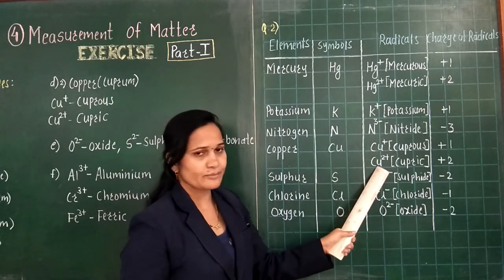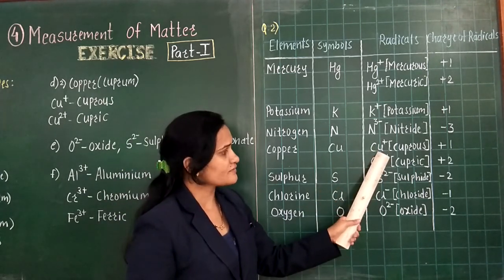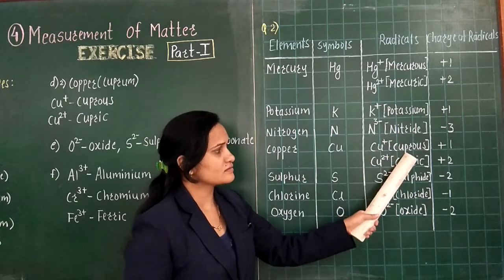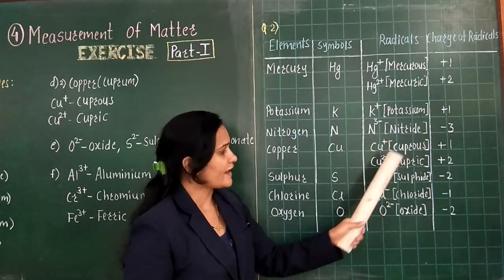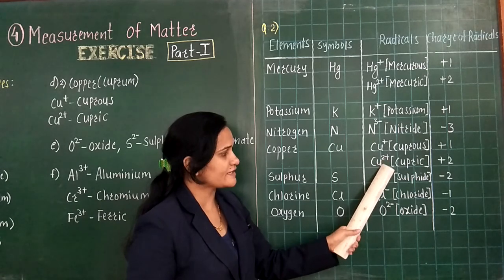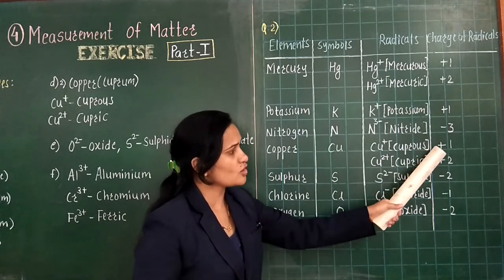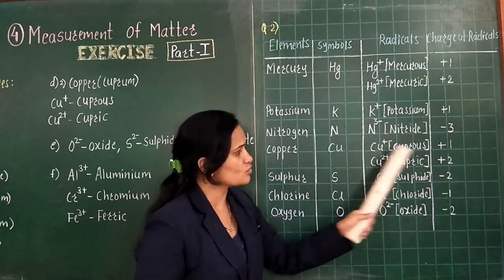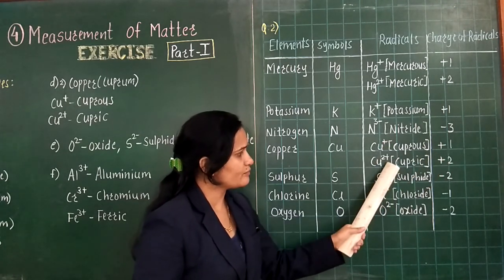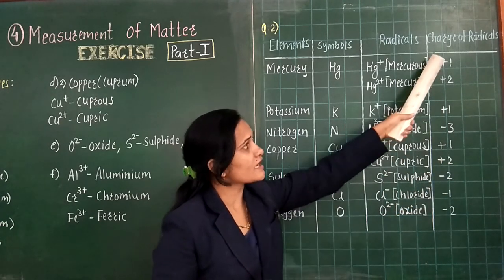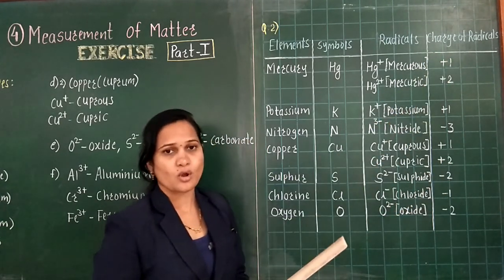A total of 2 radicals are present in copper. The first one is Cu plus. It is called cuprous, and when 2 valence electrons are there, it is called cupric. So plus 1 and plus 2 are the charges of the radicals for copper.